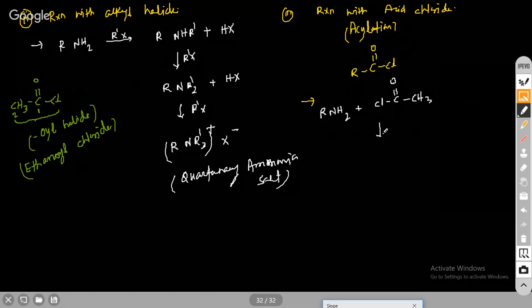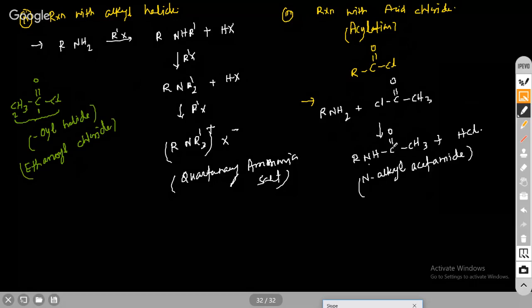Again, like I said, this hydrogen and the Cl come out and we get RNH C double bond O CH3 plus HCl. And what is the name of this compound? An N-alkyl group is attached to N, so we call it N-alkyl acetamide.